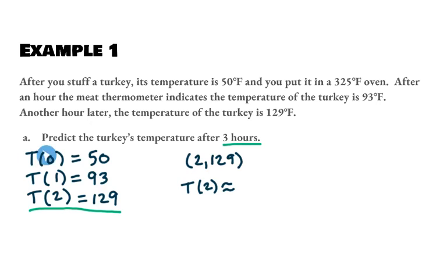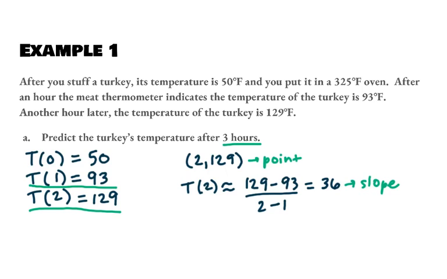Now you could choose 0 or 1 as your other point. I'm just going to go with 1 because it's closer, but technically either would be fine. So it's going to be change in y over change in x, and that's going to give us approximately 36 as the slope.